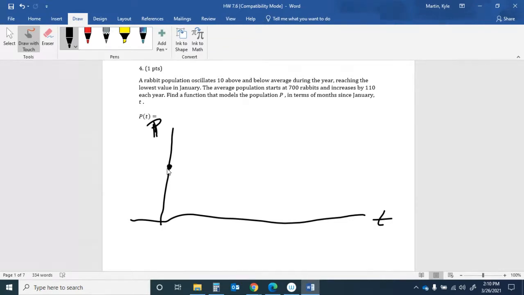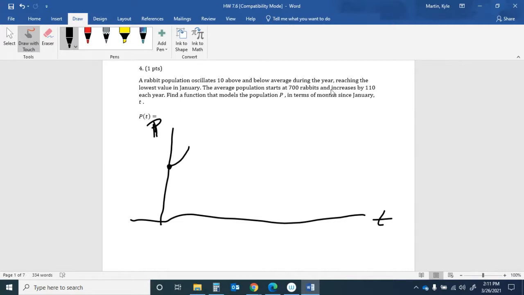And then it increases by 110 each year. And it oscillates 10 above and below average during the year.